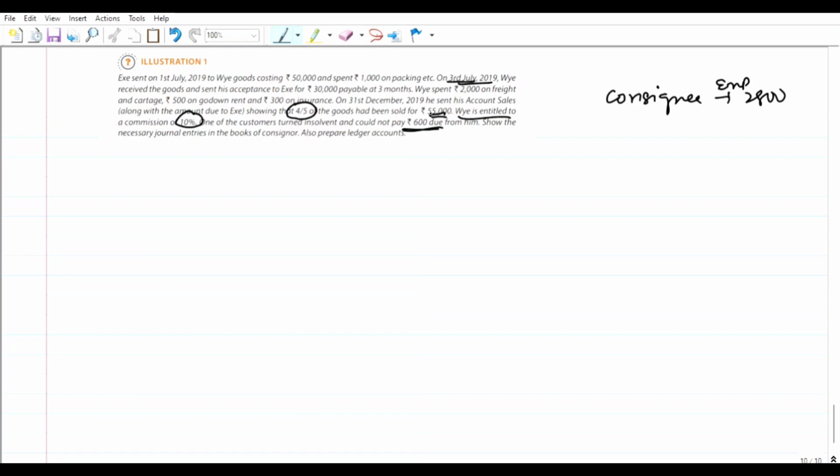This will not come into the things. Show the necessary journal entries in the books of the consignor. So we have to prepare the journal entries and also ledger accounts. Of course, let us prepare the ledger first. Journal entries in the consignor's books.